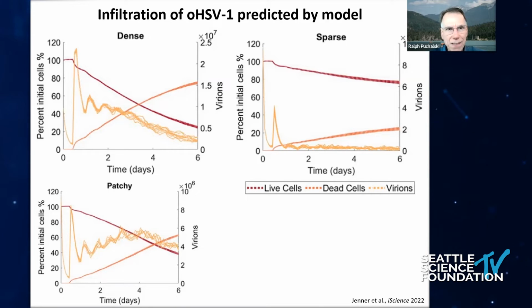And you can see that dead cell content rises from around 0 to only about 20% of the fraction. So very few cells are dying in the sparse content simulation. However, in the patchy configuration, you can see that it's intermediate between the dense and the sparse configurations.